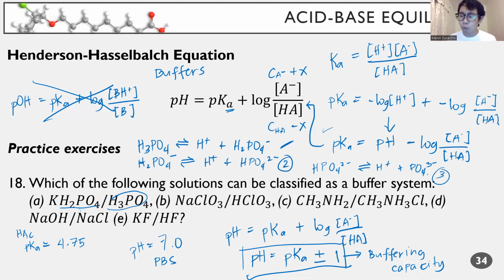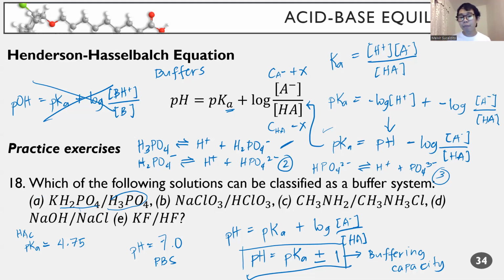But their contribution to the equilibrium position will not be that significant, kasi yung significant na present doon sa mixture natin ay itong dalawang species na to. Is that clear? So the answer for letter A is yes. Okay? We can make a buffered system out of this mixture.